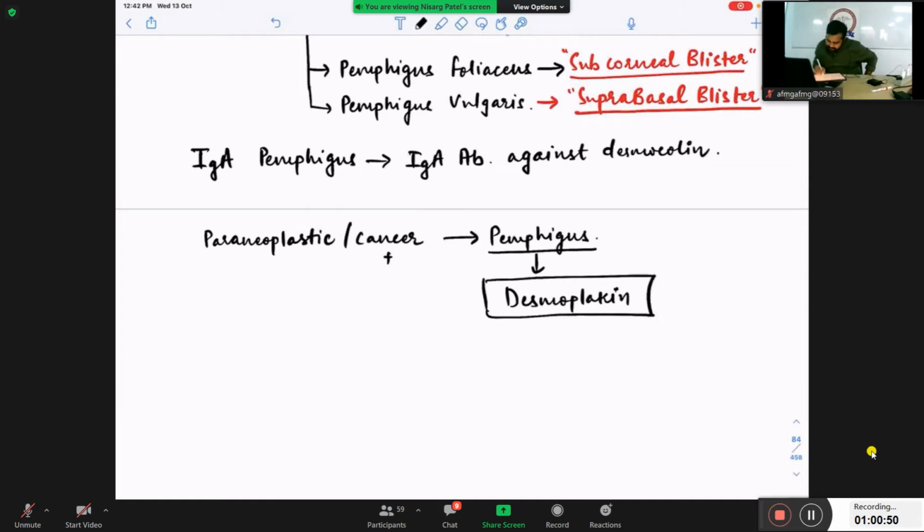Desmoplakin is main, but along with desmoplakin, this patient can have a destruction of desmoglein also. But exclusively desmoplakin is destroyed.